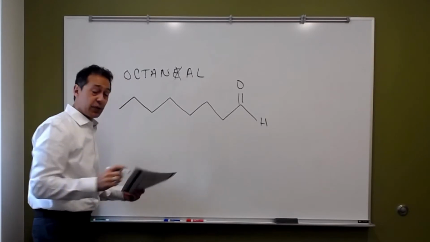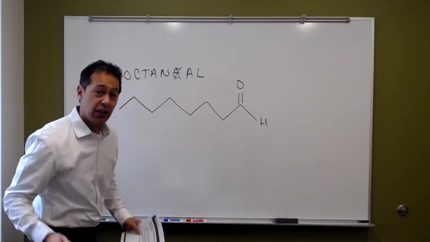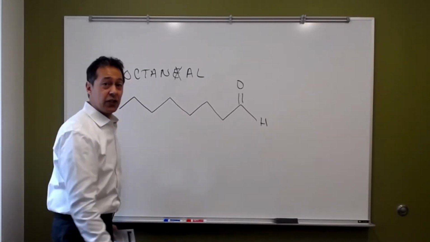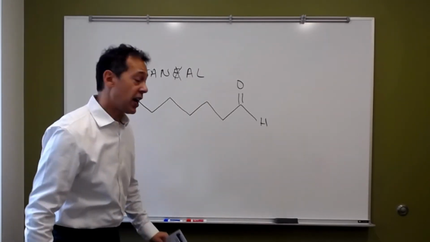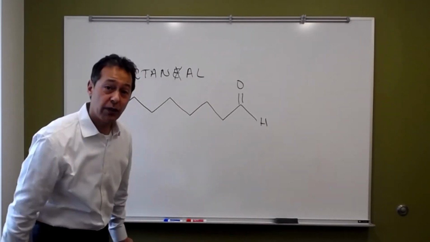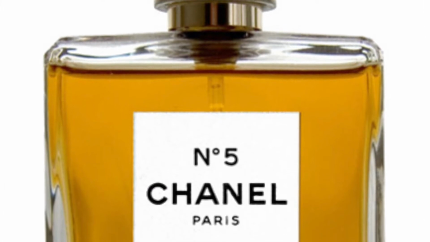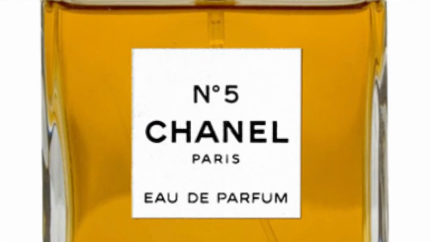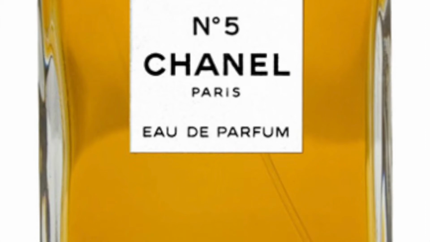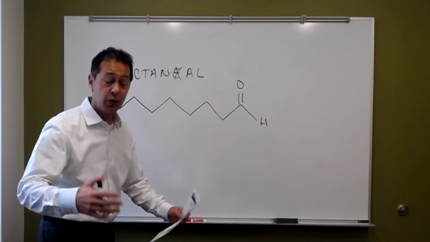And this molecule is found in fragrances such as Chanel number 5. And just kind of a funny story for you about this. Chanel number 5, the reason it's called number 5 is because the Tsar of Russia wanted to give a gift to his wife, the Tsarina.